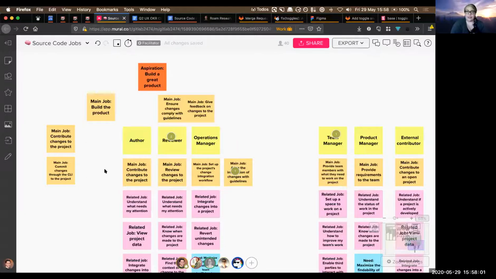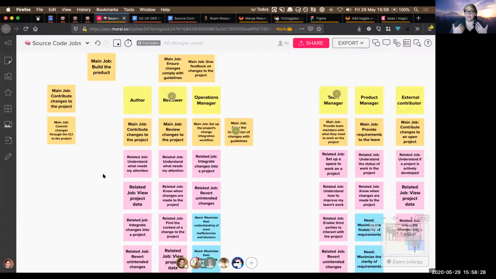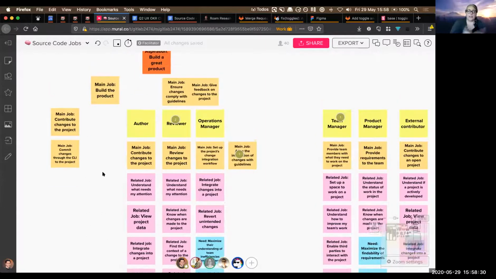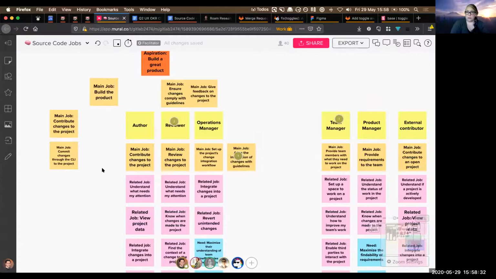Yeah. So that's why they're agnostic to a specific person, role, persona, or groups of people, groups of personas, because they're meant to be at a higher level and allow you to have more granularity the further you work down. So you could have another level of a job underneath that main job, a medium job, to say, I, meaning the royal we, I need to contribute changes to the project.